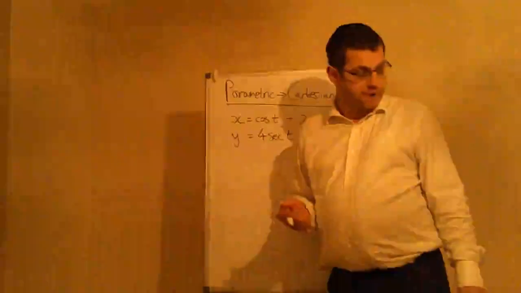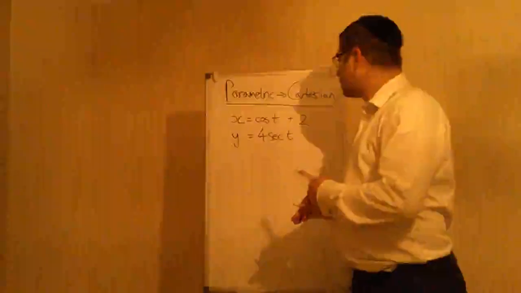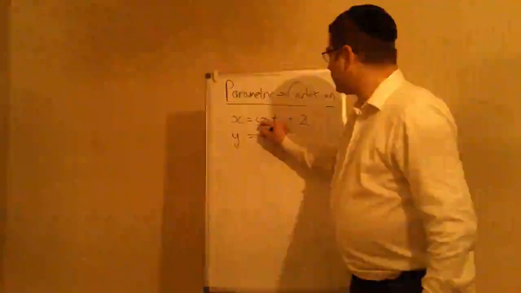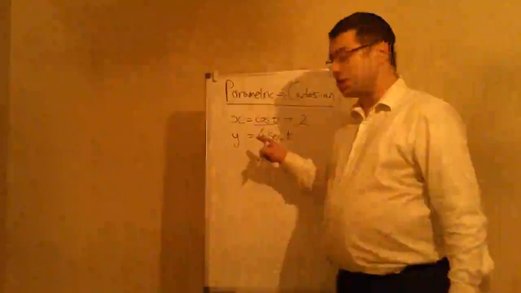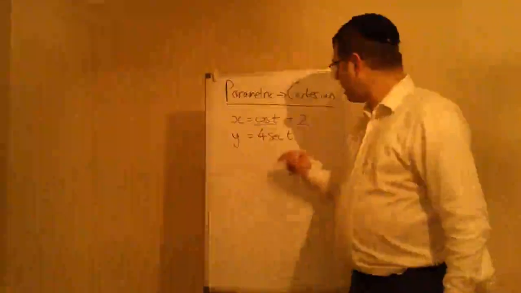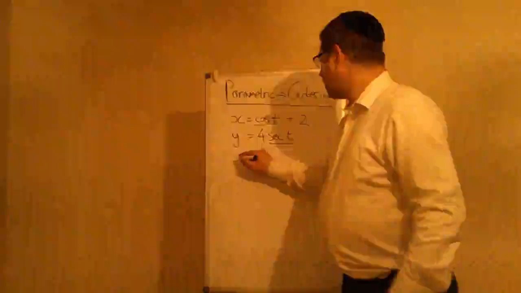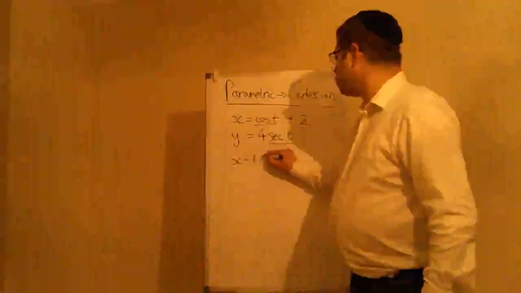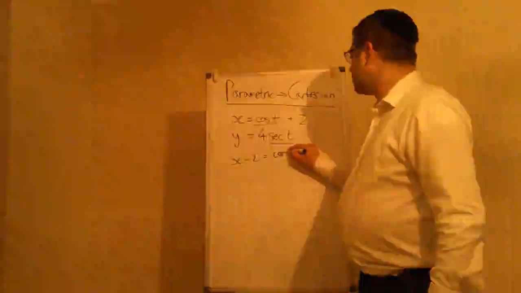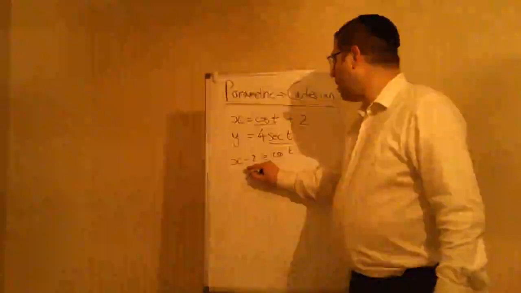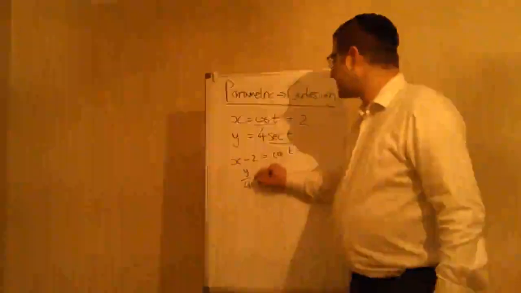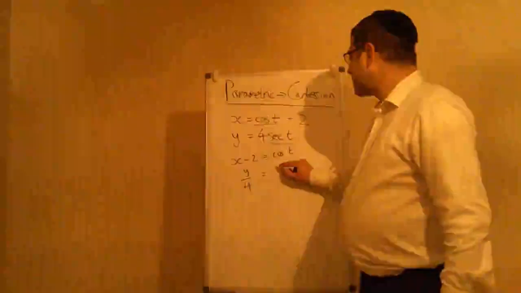So like we said, the first thing to do is to isolate the trigonometric functions, which in this case is just cos t, there's no coefficient there, and sec t. So let's do that first. So x minus 2 is cos t, y over 4, I need to get rid of that 4, is sec t.